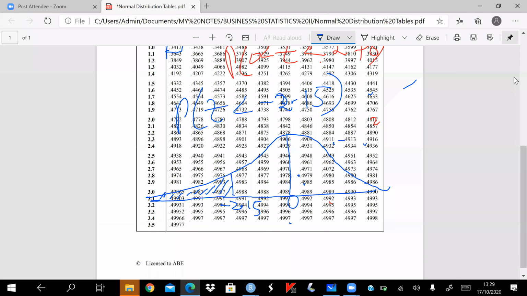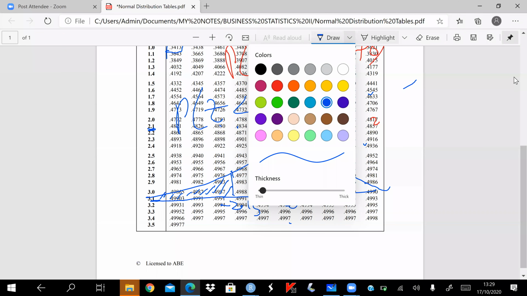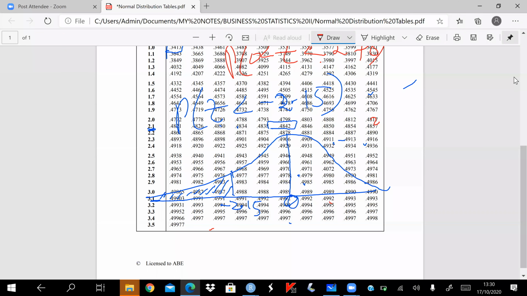So your tables will give you the area from 0 to minus 2.15. So using the symmetry concept, you will come here and look for 2.15. 2.1 is here. 0, 1, 2, 3, 4, 5. So this is the value. So the area from 0 to minus 2.15 is 0.4842.